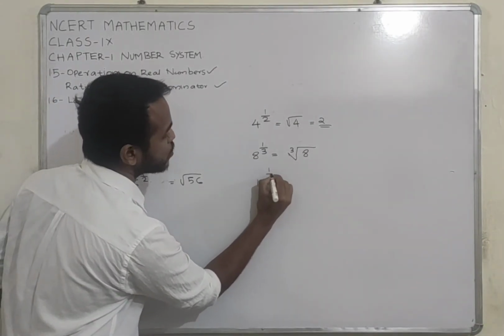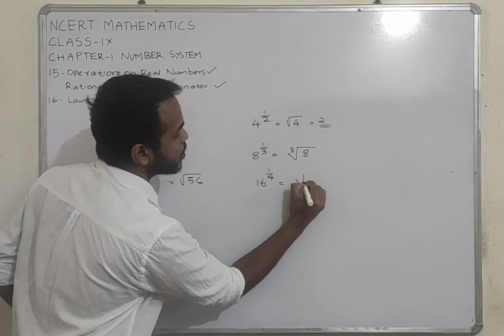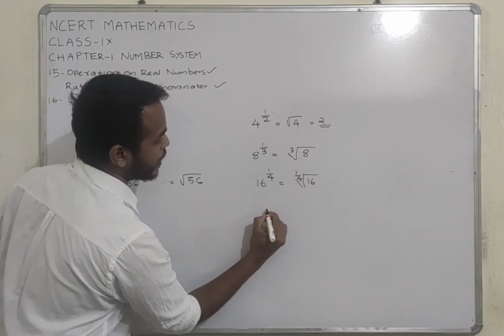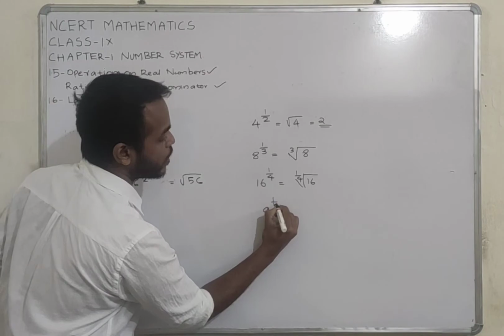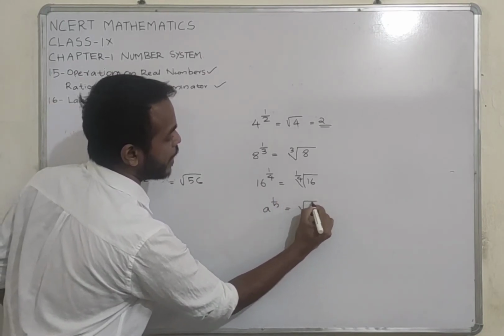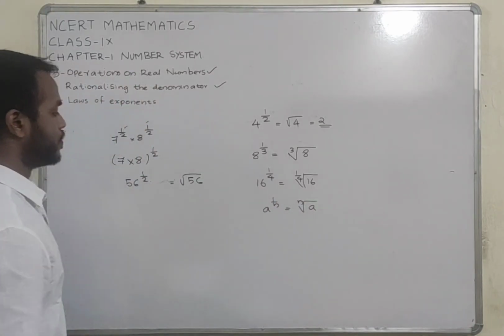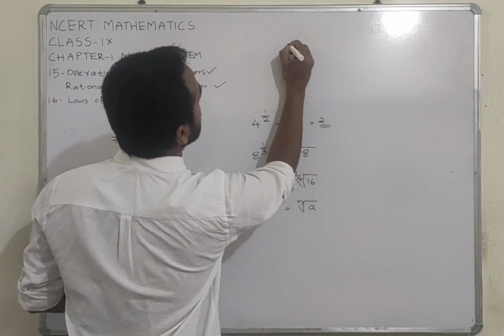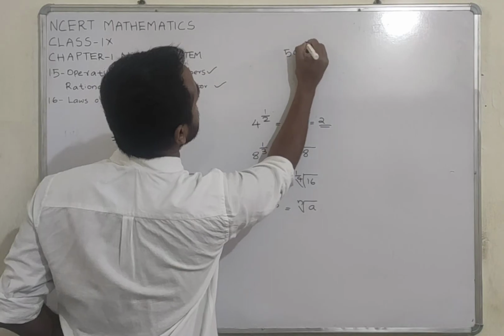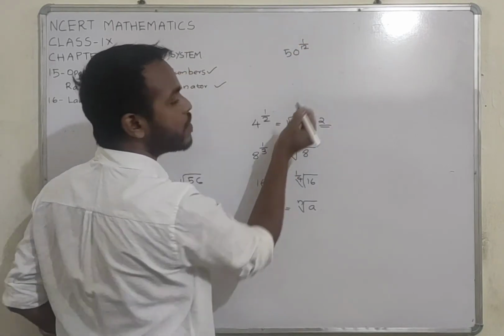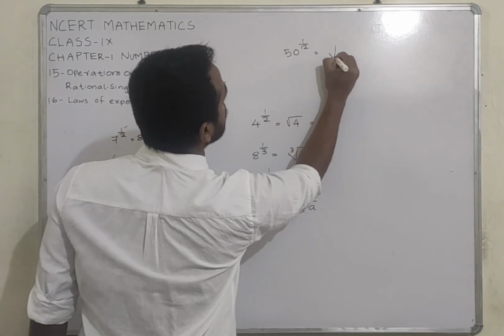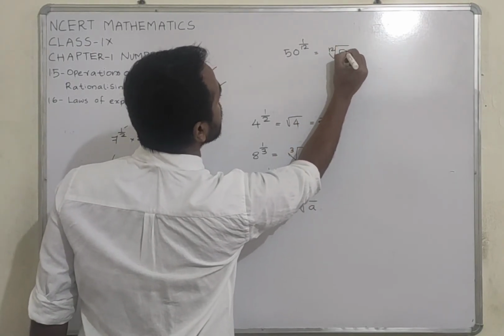Now, 16 raised to 1 by 4 means fourth root of 16. Or generally we can say a raised to 1 by n is nth root of a. That is, if it is given as 50 raised to 1 by 12, this can be written as 12th root of 50.